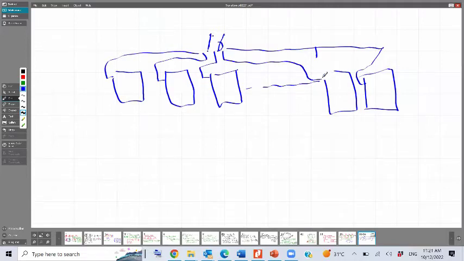When I say load, those 16 input lines will go to D0 to D15. This will go to D0 to D15 when I say load and I have a rising edge.